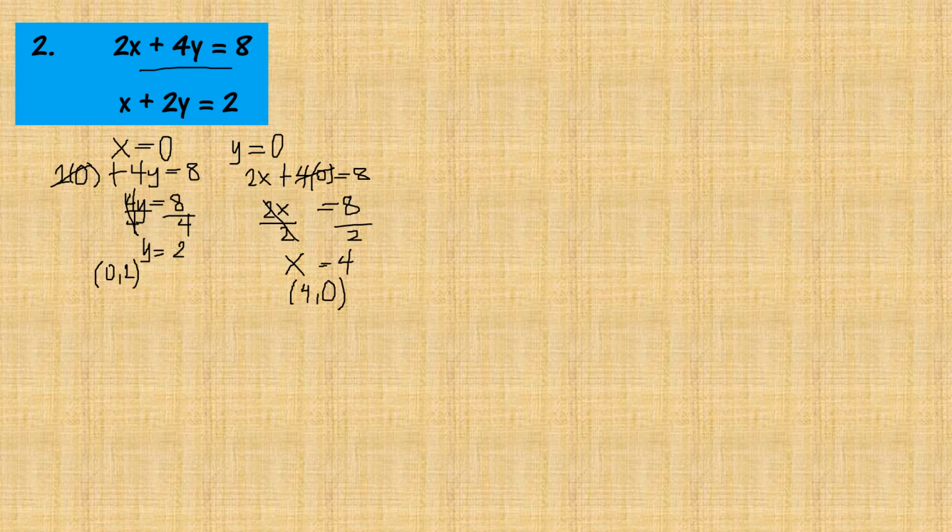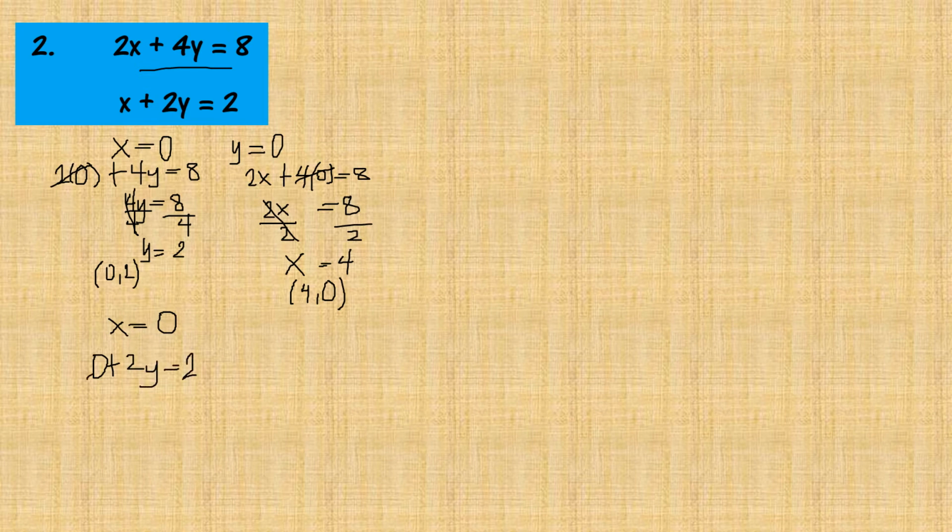Now, let's proceed naman po sa ating pangalawang equation. Sa ating pangalawang equation po, we have x plus 2y is equal to 2. Itry natin. Let x ulit as 0. We have now x as 0 plus 2y is equal to 2.